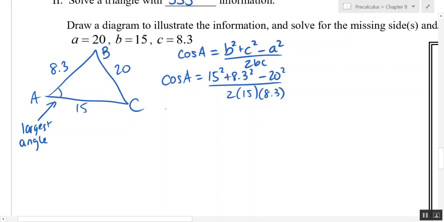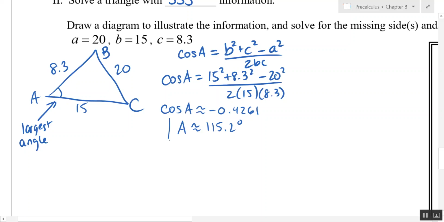And simplifying that, we wind up getting the cosine of A is approximately equal to negative 0.4261. And taking the arc cosine of both sides gives us a value for angle A of 115.2 degrees.